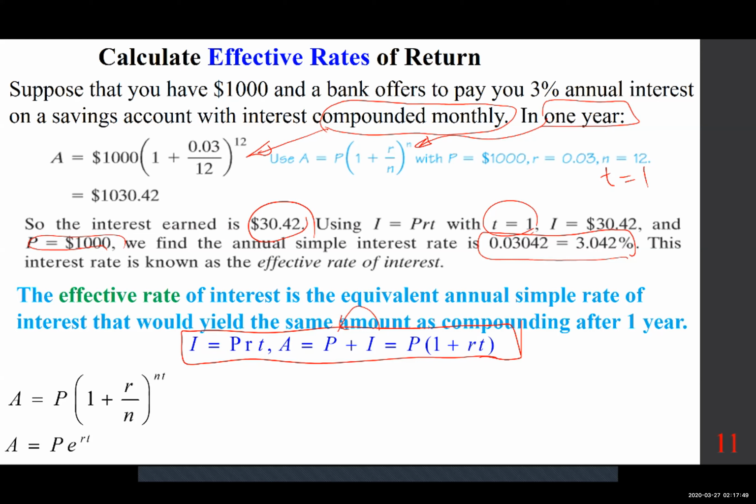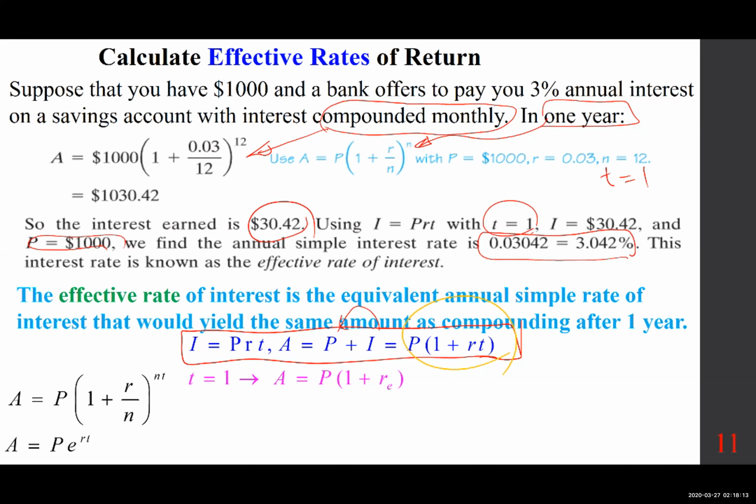So what do we do? We set both equations at the bottom equal to this formula, because when T equals 1, that R that you see, in P times 1 plus R times 1, is called R effective or R sub E.